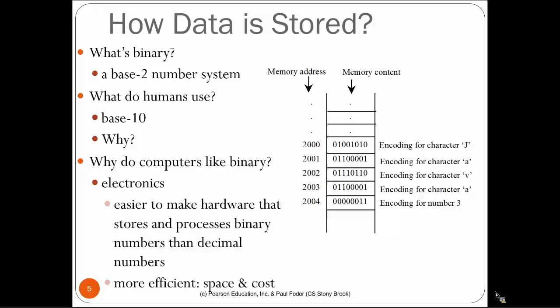Computers like binary, and the reason is that it's easier and cheaper to make hardware that stores and processes binary numbers like 0 and 1. The transistor, which is the basis for integrated circuits, is an electronic device that can store whether information 1 exists at a location, or doesn't exist, which is 0.